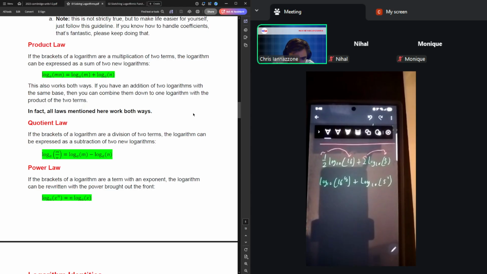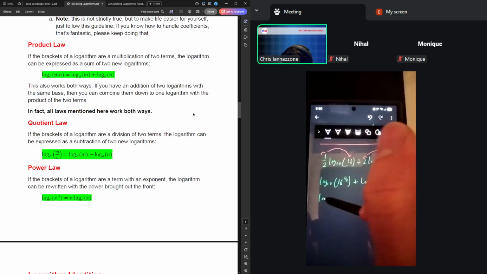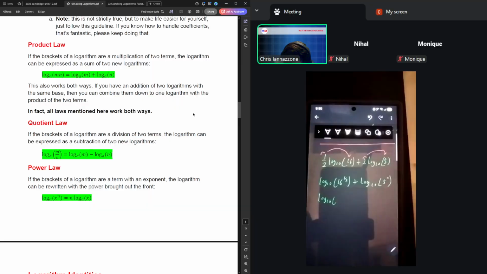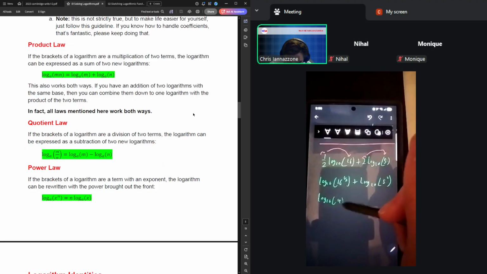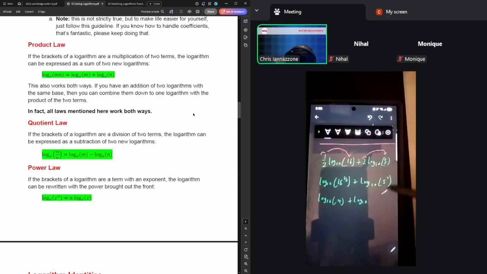We can simplify things even further. We've got log 10 of 16 to the power of a half. To remind ourselves from our index laws, power of a half just means the square root of a number. So this is the square root of 16, so just 4. Then we also have log 10 of 5 squared. We should all hopefully know that one.